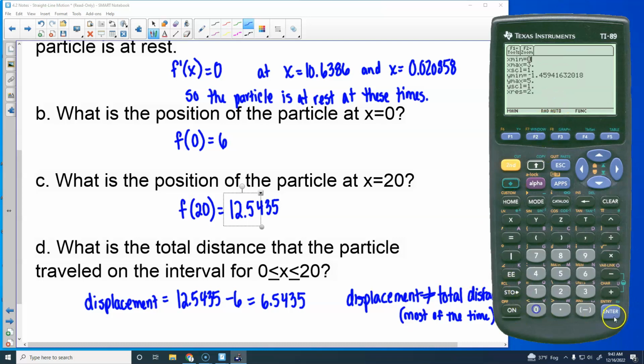We just want 0 to 20, and then if I graph, why don't I see anything at 0.02? I'm going to do zoom fit to see if it'll give me something better here.